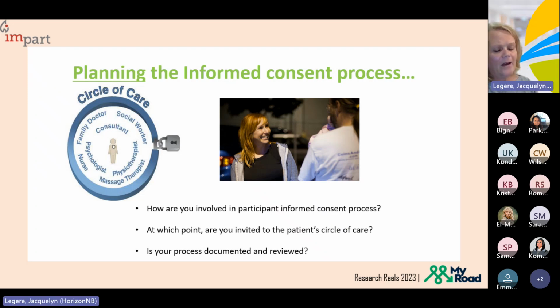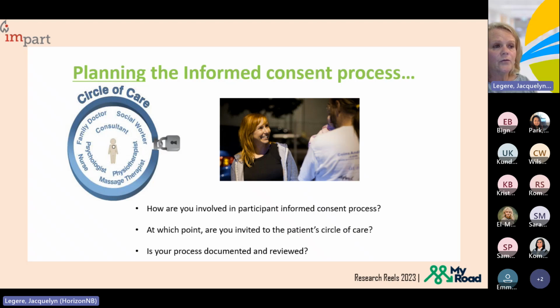If you wouldn't normally have access to a list of patients in order to look at their chart to determine whether or not they're eligible, if you wouldn't normally have access to that information within the scope of your job, you don't have access to it as a research assistant. So there are ways around that. If there's somebody within the circle of care, an administrative assistant or a nurse working in a clinic, the nurse can approach the participant and say, it looks like you may be eligible to participate in a study.